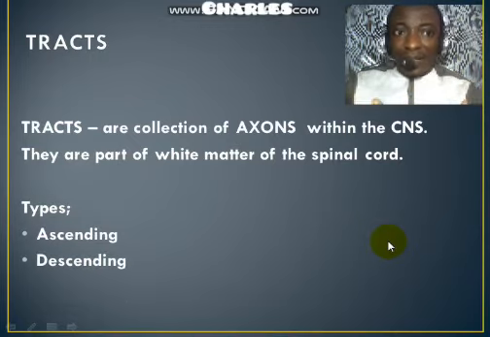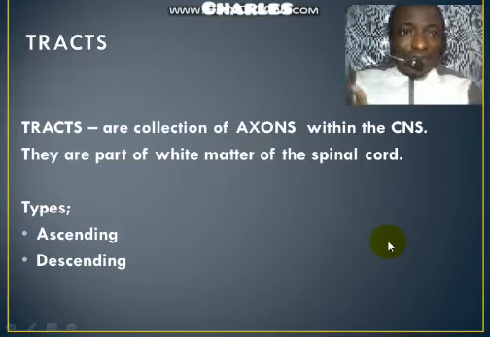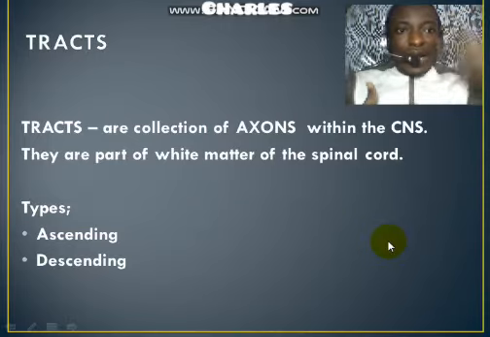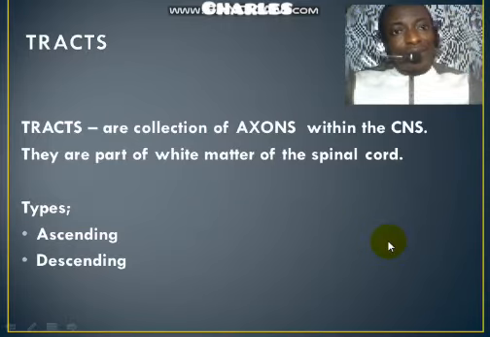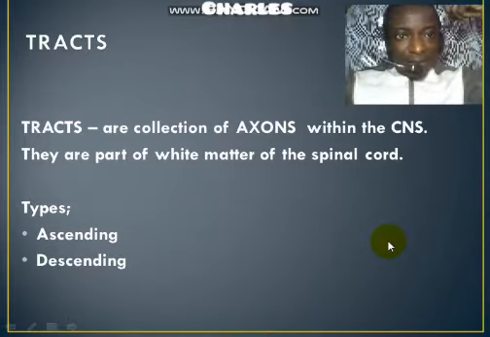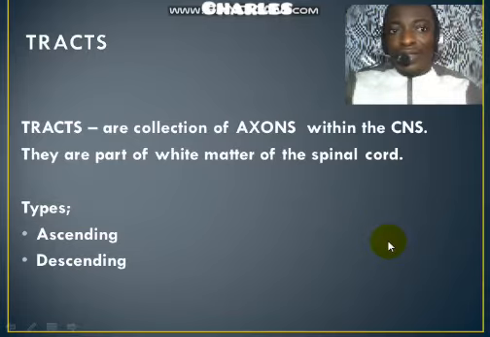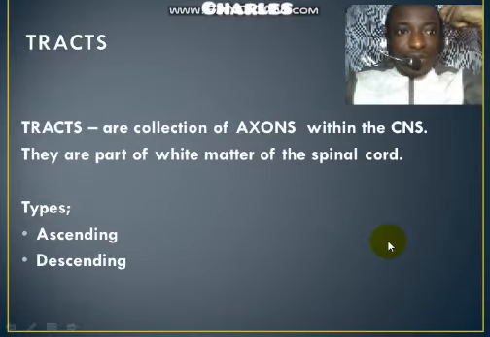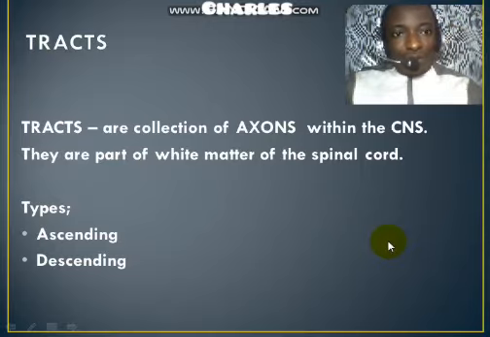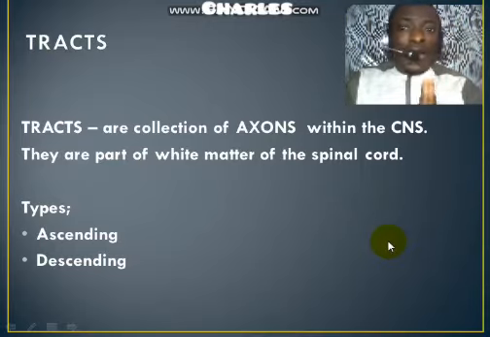Ascending tracts are tracts that carry sensory information from all our body parts to the brain. So they are coming from down to the higher centers. Whereas descending tracts are tracts that carry motor commands from the brain to the body parts. Look, names have meaning.